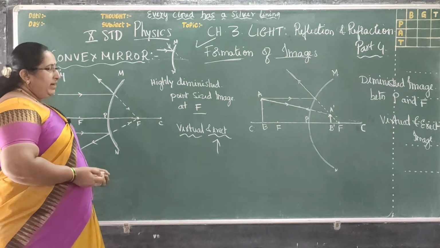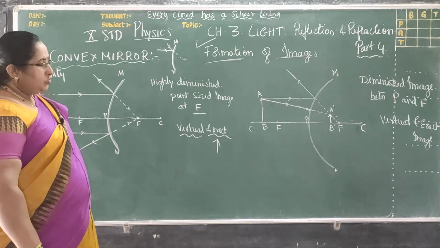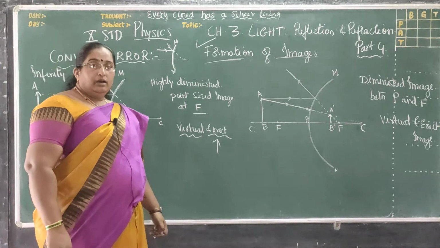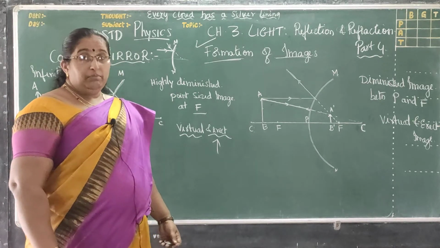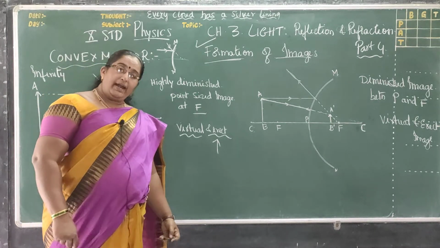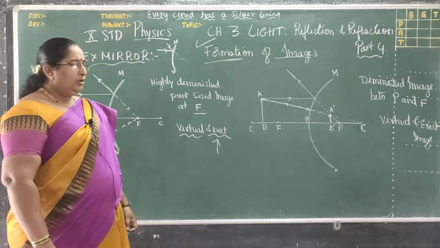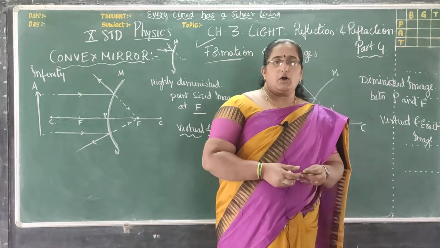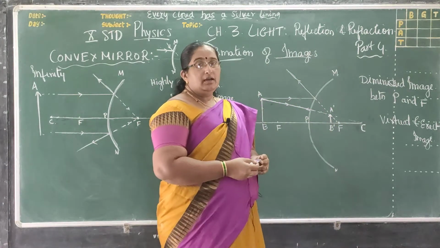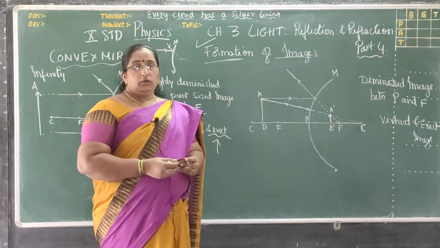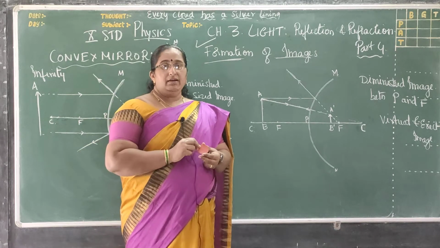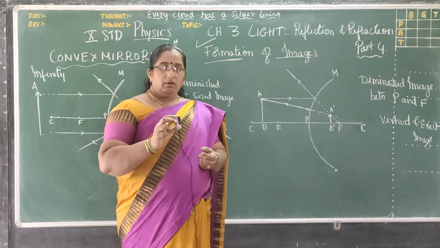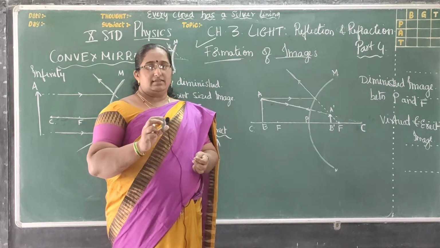Now my dear children, you might have understood how the image is formed in a plane mirror, in a concave mirror and a convex mirror. Compared to all these three, a plane mirror, a concave mirror and a convex mirror, in which are you going to get a full view of an object which is at a distance?